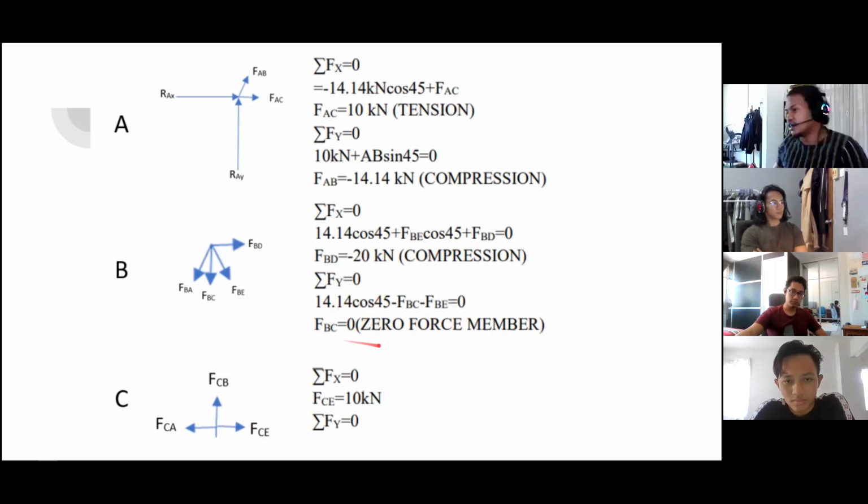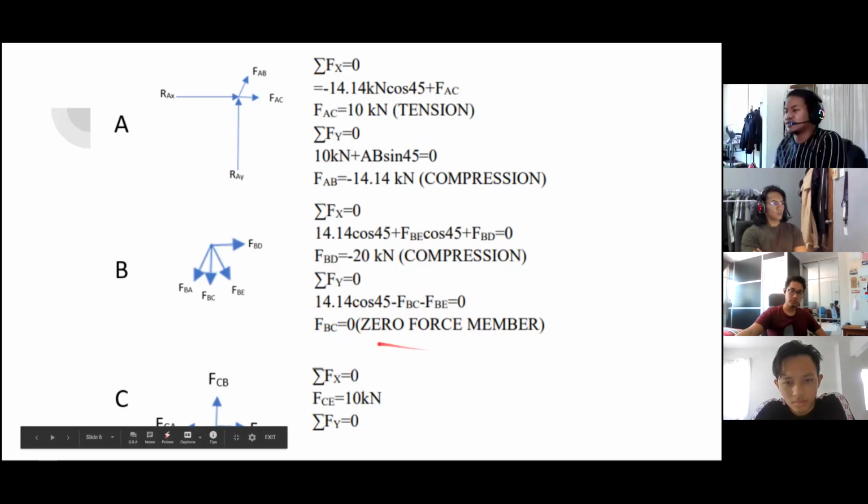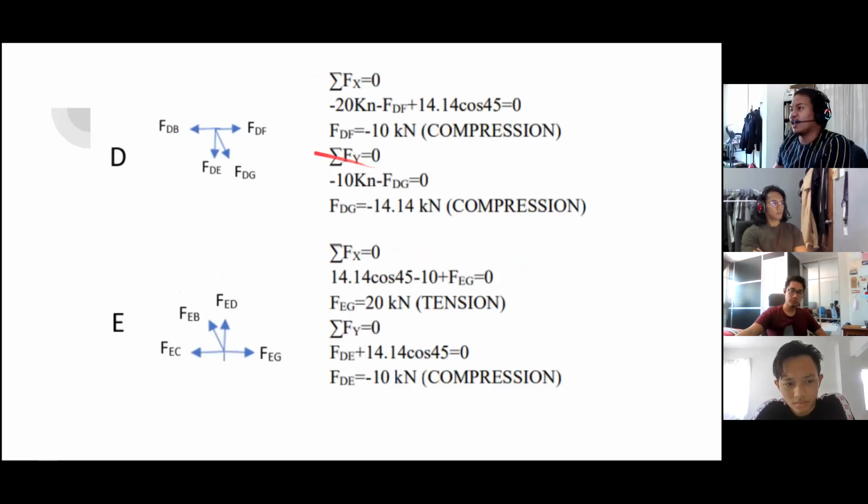FBC is a zero-force member. And then FDF, horizontal components, and we got -10 kilonewton in compression.